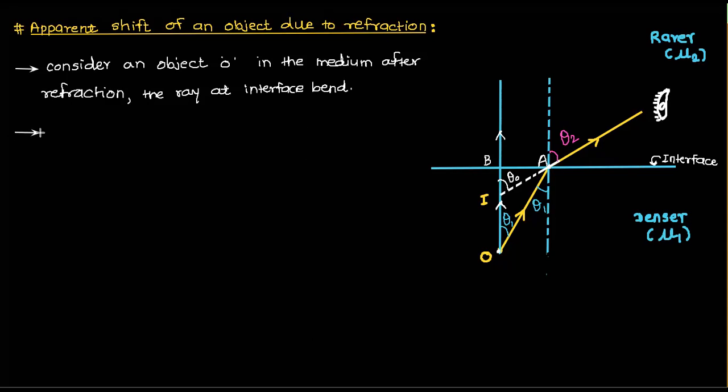See here, second point I am writing here. When the bent ray falls in our eye, our eye perceives it along a straight line.